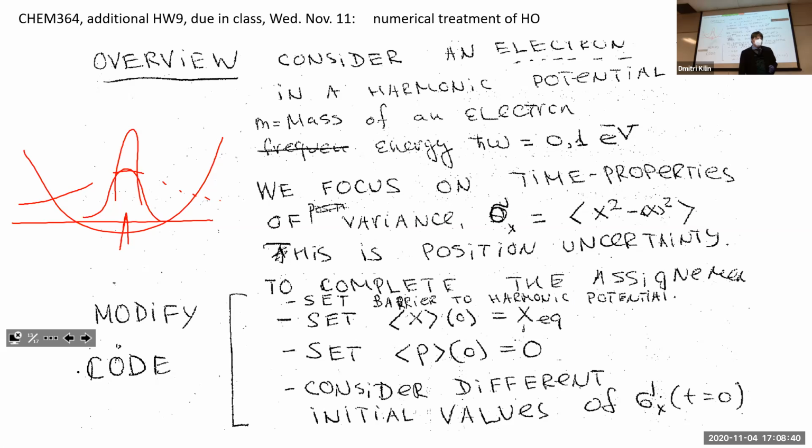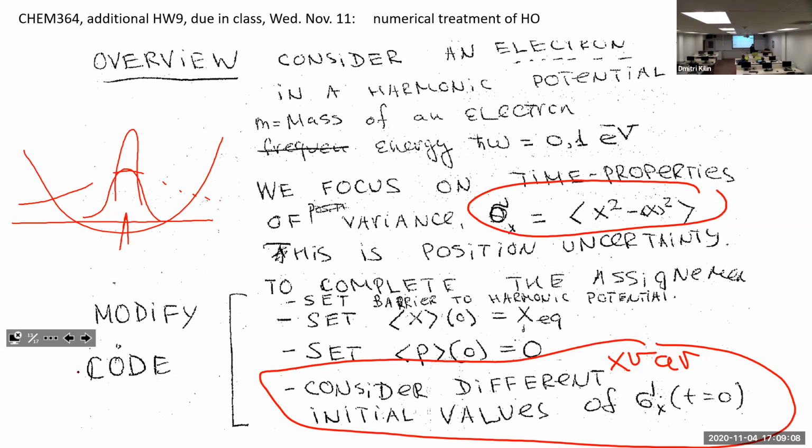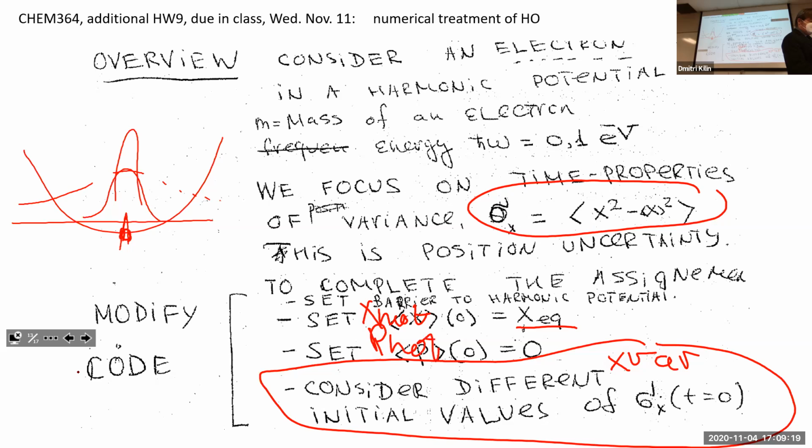So the suggested assignment is to consider different initial values of this sigma, which is abbreviated as X bar. So the variance in the position, and set up the initial position not at equilibrium, and P0 equal to 0.